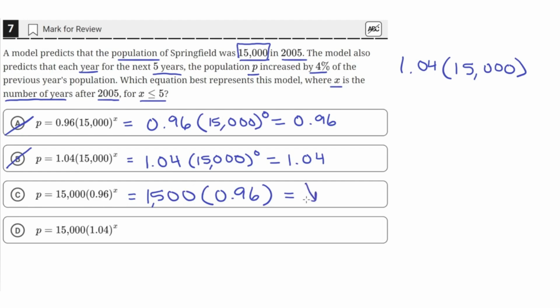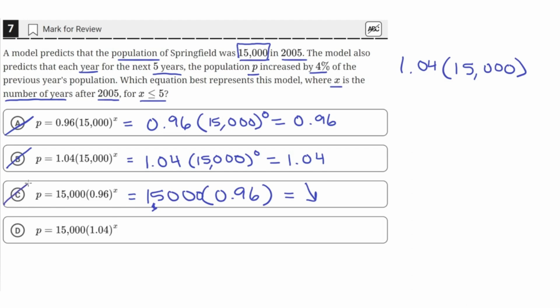So our population went down, because multiplying 15,000 by a number less than 1, like 0.96, will decrease the value. So this is saying that the population of Springfield goes down after a year.